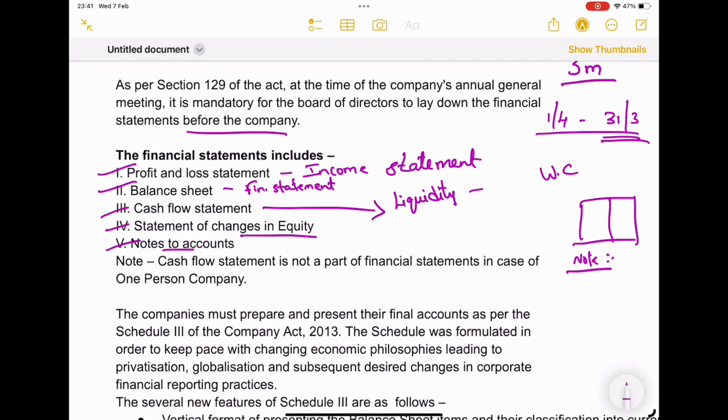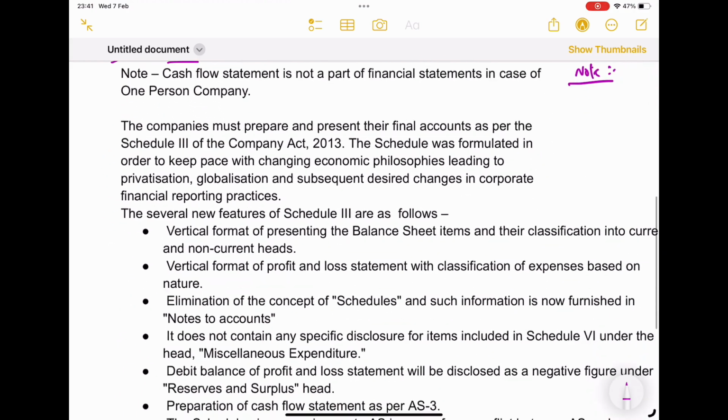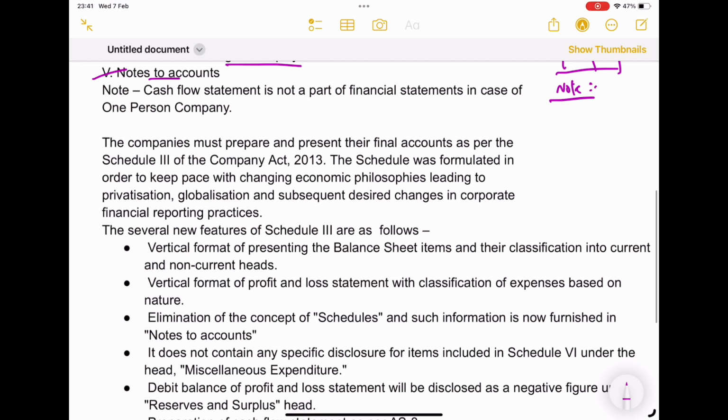Okay, so here there are a few points related to company accounts, which give us some idea about final accounts. We are going to prepare the income statement and financial statement as per Schedule 3 of the Companies Act.